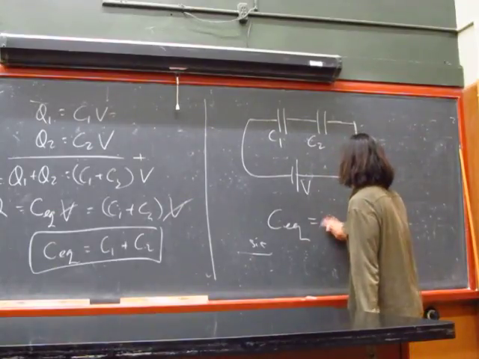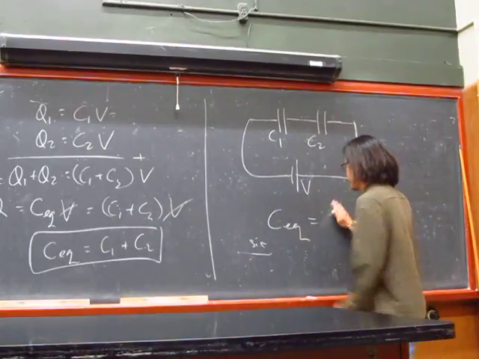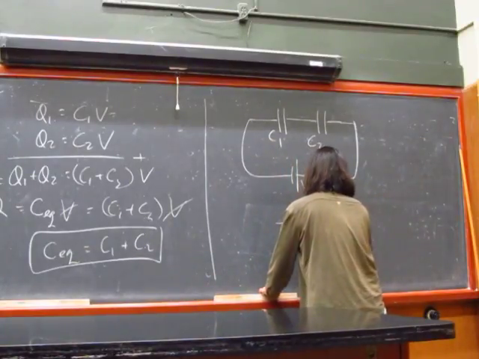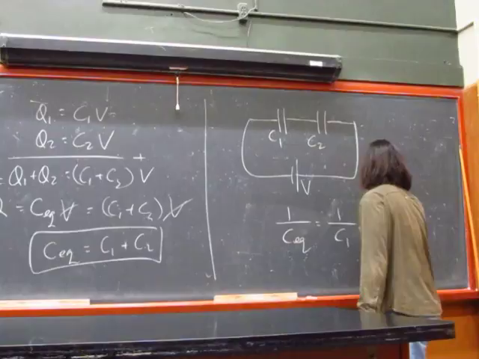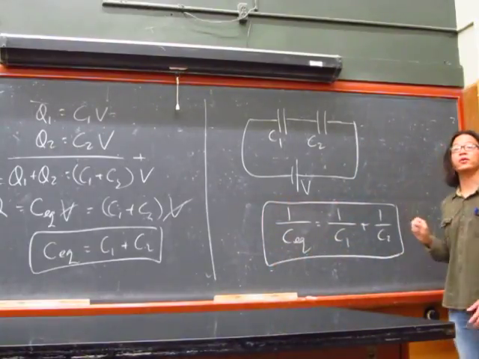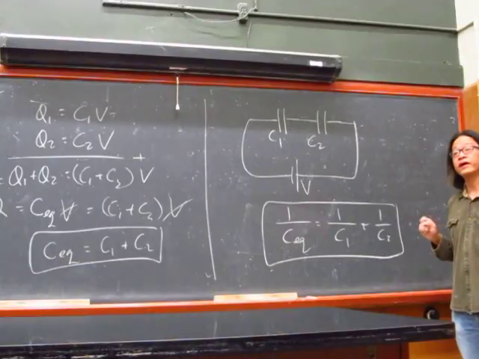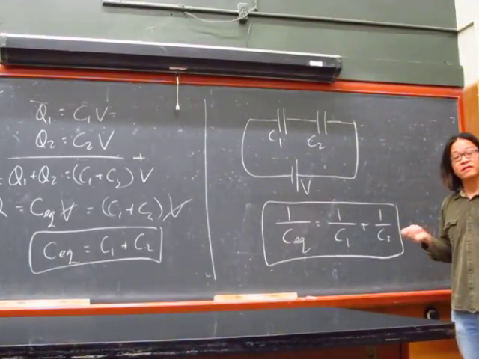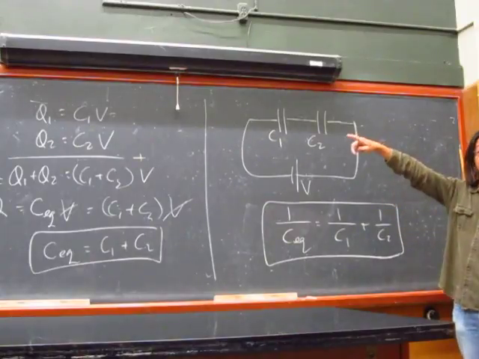When I'm doing this, 1 over C equivalent is equal to 1 over C1 plus 1 over C2. This is what you will find. The formula is the reverse of the formula for the resistors.